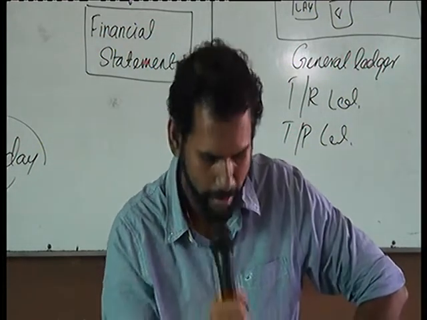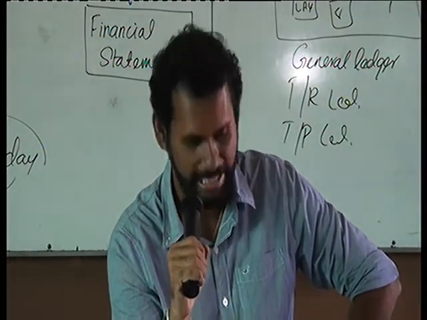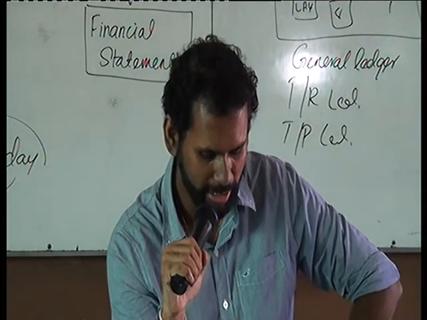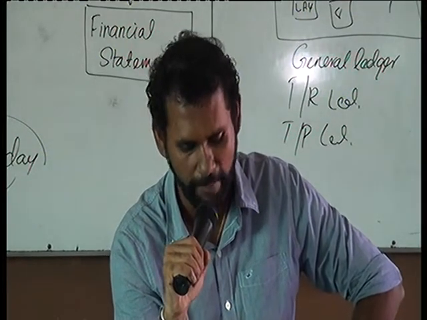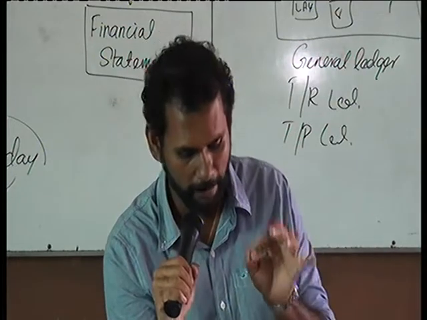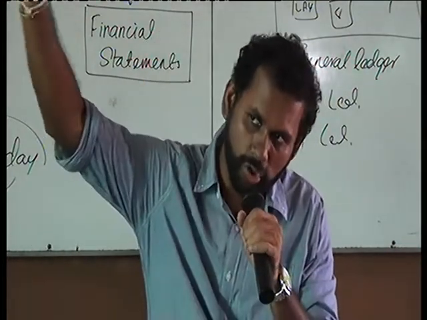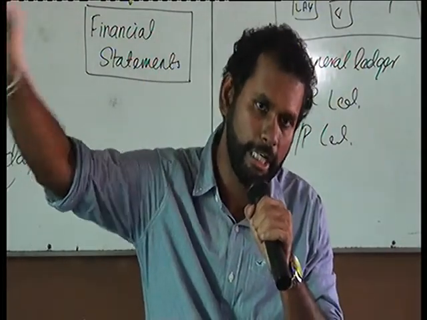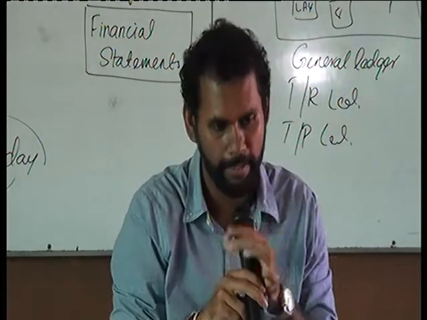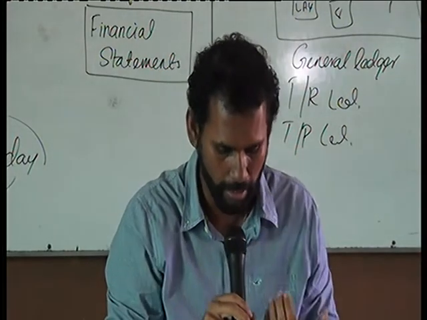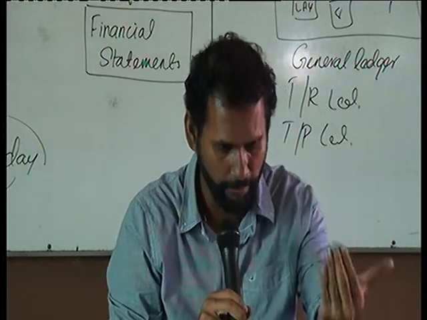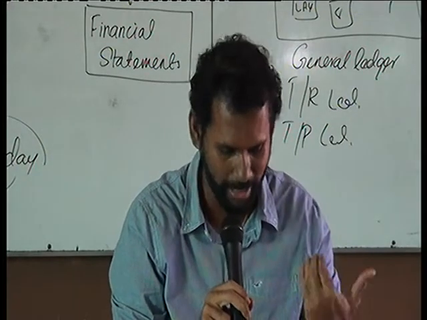Then you can see bought goods on credit. For goods bought on credit, the source document is generally the purchase invoice. Here the purchase invoice means the invoice issued by the supplier. When we purchase something, we will be getting a purchase invoice from the supplier.